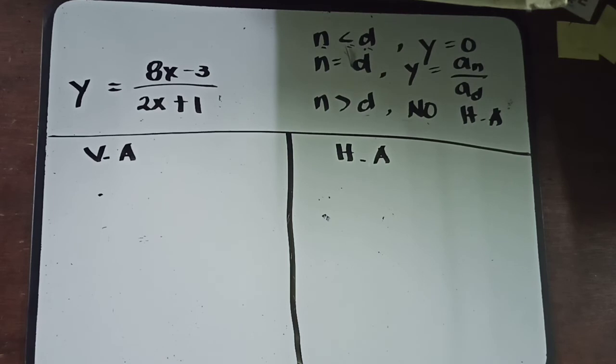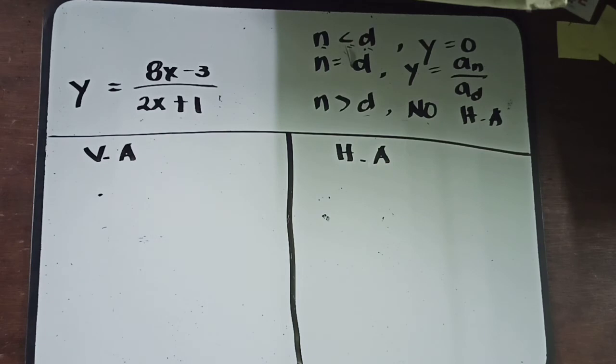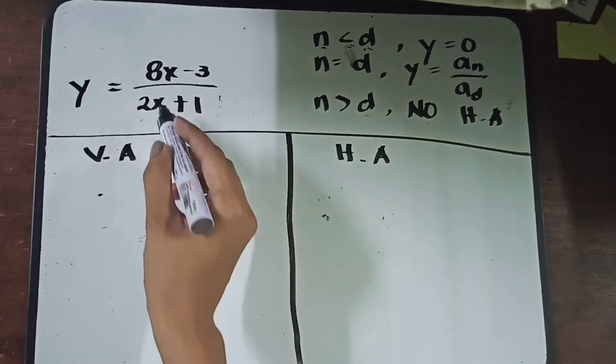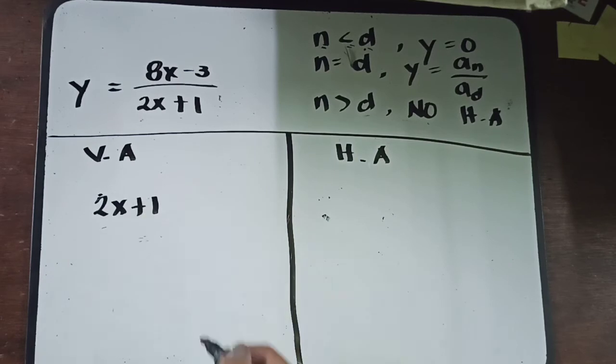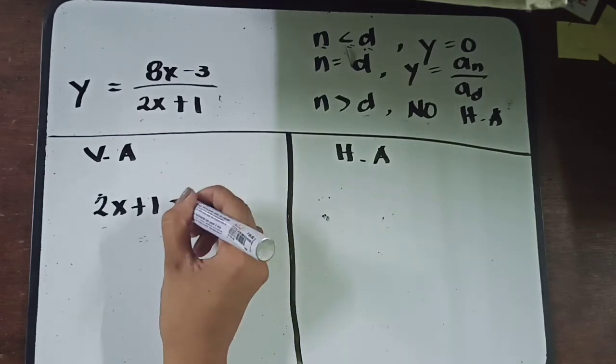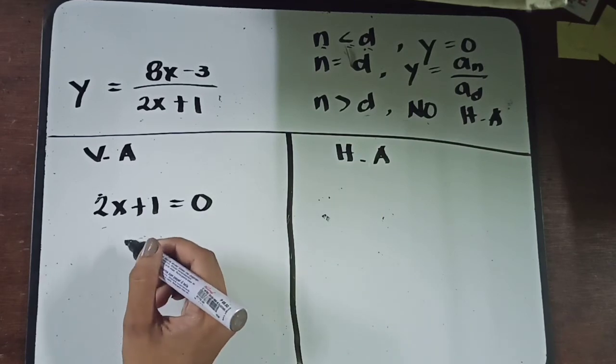Another example, y is equal to 8x minus 3 over 2x plus 1. So, vertical asymptote. So, nakasimplify na naman ang ating rational function. Kunin ang denominator. So, that is 2x plus 1 equal to 0. Okay, so ang kailangan ko lang is the value of x.